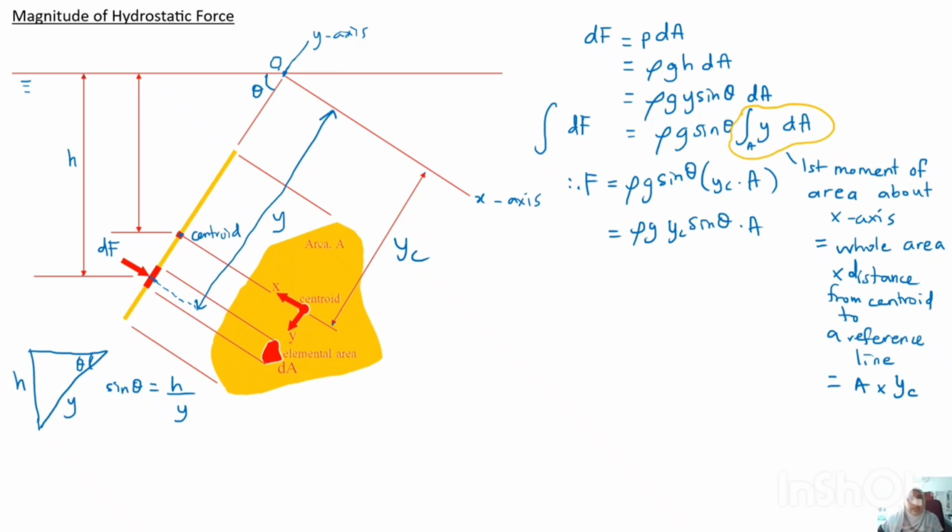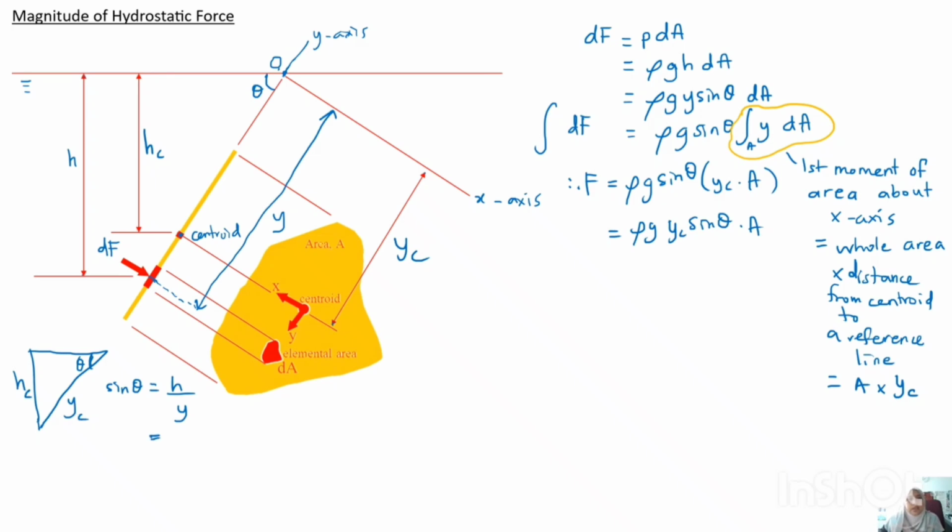yc is related to h, this vertical distance from the fluid surface to the centroid. We call it hc. yc is the distance from the water surface to the centroid, that's why it is called hc and yc. So if we draw the triangle relating hc and yc, you will still get the same triangle with an angle of theta.